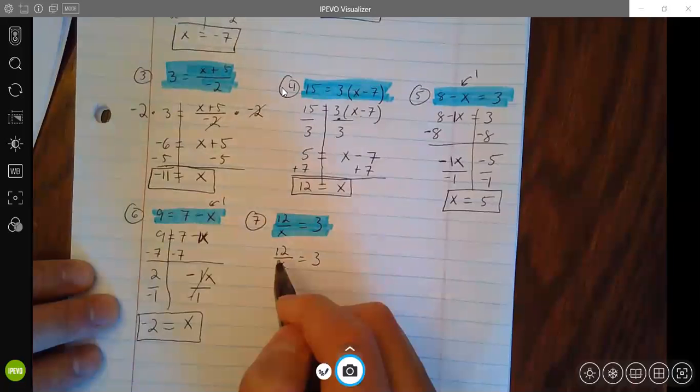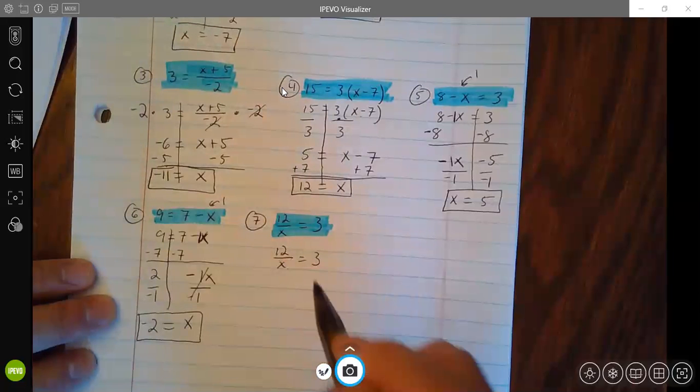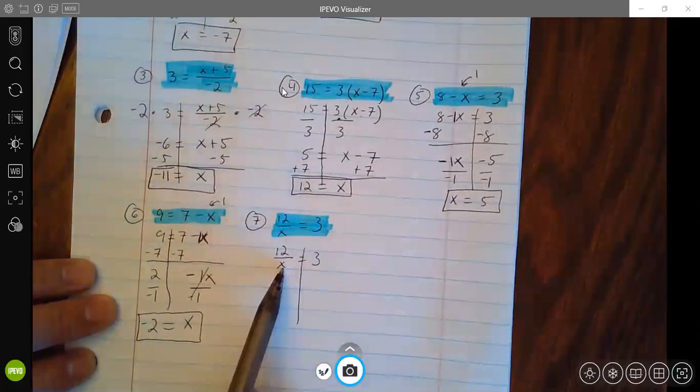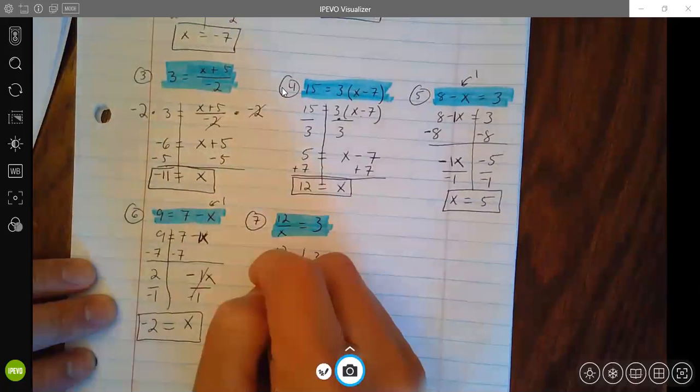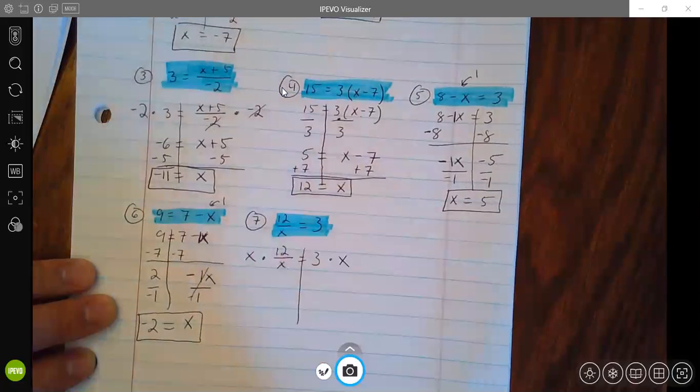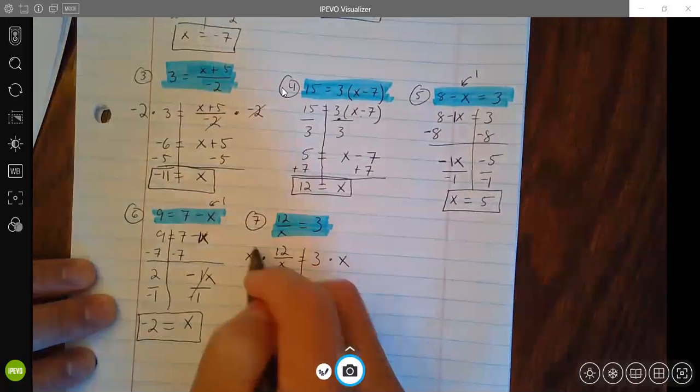Let's go ahead and do the process on this, though. How that works is when I multiply, I have to multiply by the denominator. Before, when we've done this, the denominator is always a number. Now it's a variable, okay? So I'm going to multiply by x on both sides. x over x gives me 1.